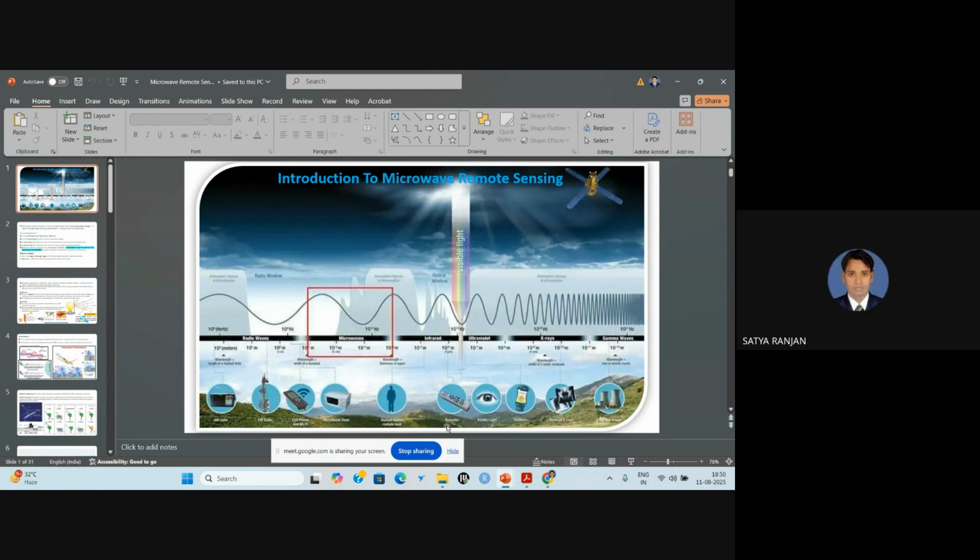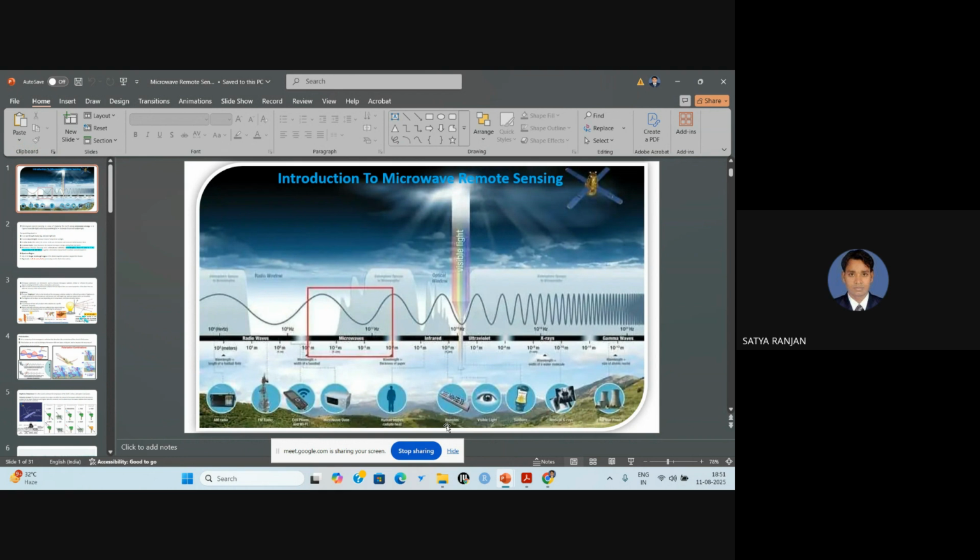Okay. So microwave remote sensing technology is very different from other technologies. It is a highly technological aspect and is not related to reflectance values. Mostly we collect satellite images based on reflectance from the Earth's surface.